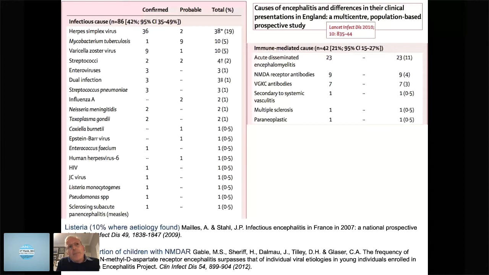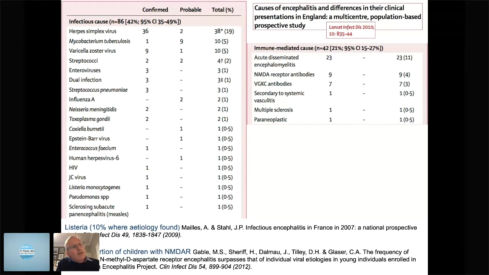So in this study, about 2/3 of patients were found to have a definite etiology. The majority of these were infectious, 86, you can see up there, but about 1/3 of those in whom a definite etiology was found had an immune-mediated cause for their encephalitis. The commonest etiology being acute disseminated encephalomyelitis, ADEM, and in fact, in a few cases, the triggering etiology was also found.